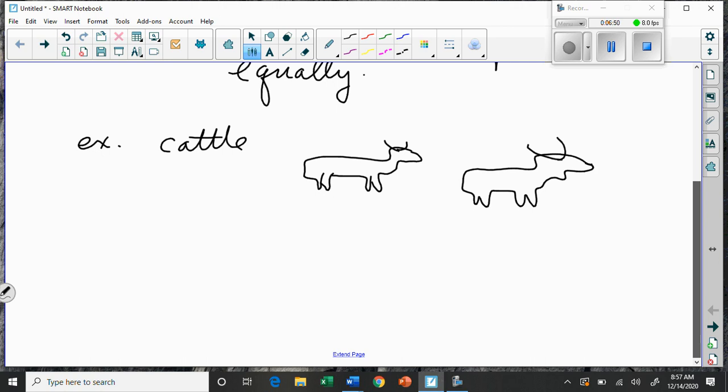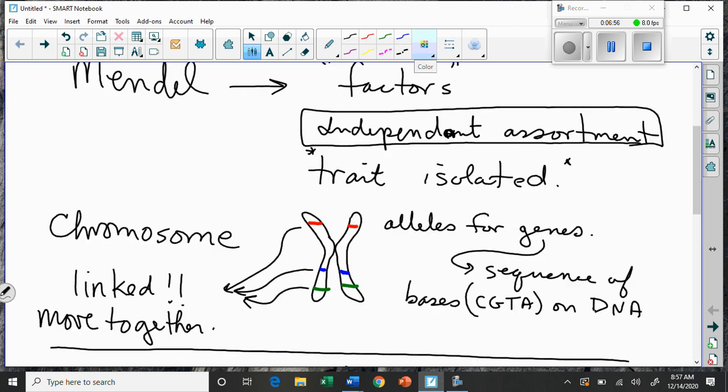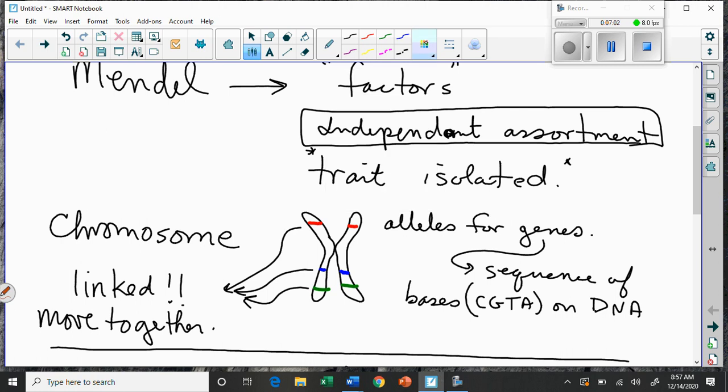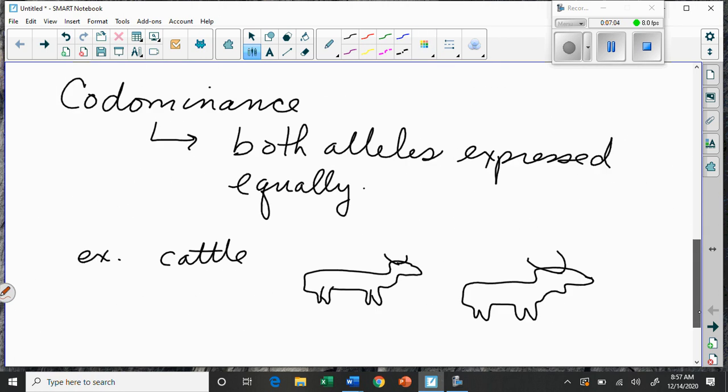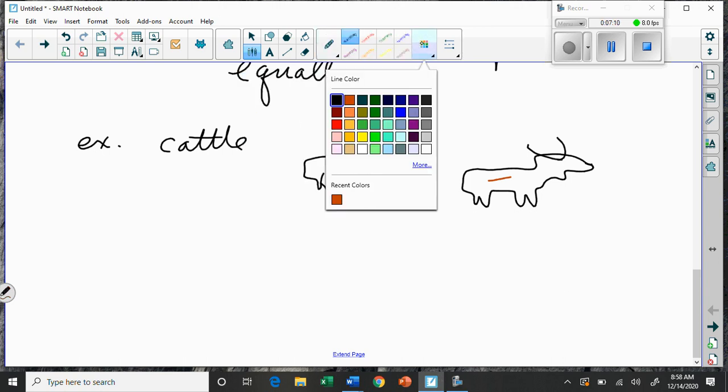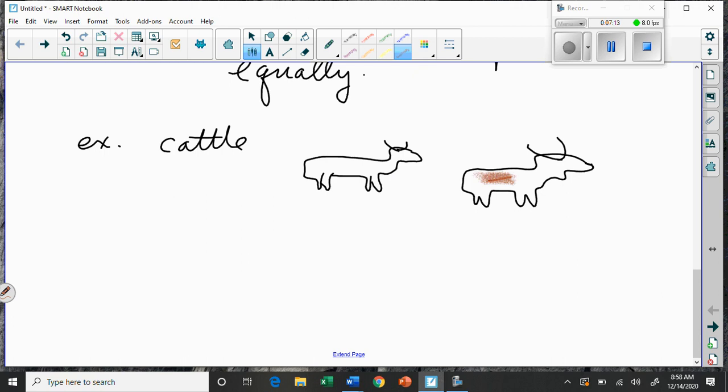There's the brown cow. Color them in brown. Expressed equally. For some reason, I can't get my brown color. Okay, here we go, brown. Thank you. It jumps around on me. So let's color this guy in brown.